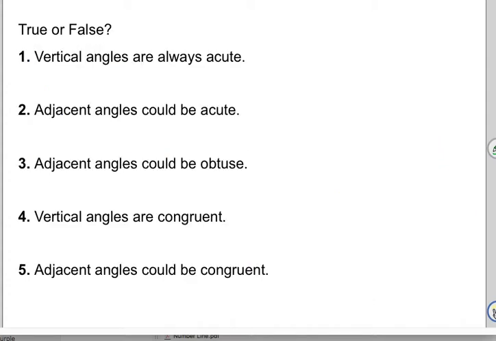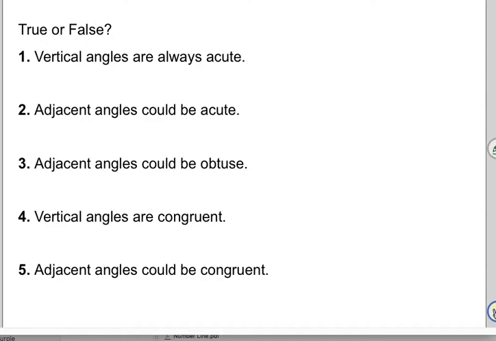All right, 1 is for true, 2 is for false. Will vertical angles always be acute? 1 or 2? Showdown. No. Can I have 2 obtuse angles that are vertical?